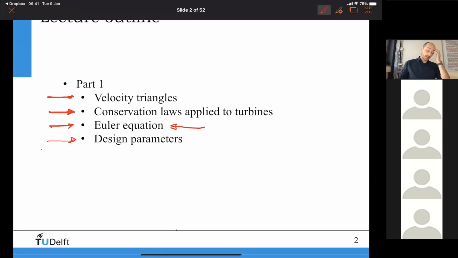But before I start with these topics, I will ask you a question. It's a bit more difficult now to do it online, but I have the chat window open so I can see questions that you post. I will also see if you raise a hand, hopefully, because I'm also looking at the other screens to see if you would like to interact with me.